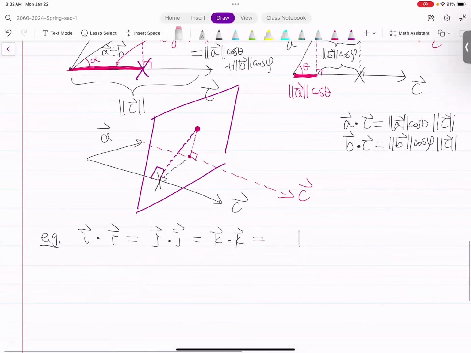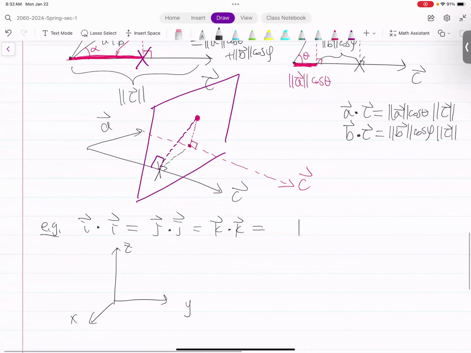So let's draw the standard basis again. We have I, J, and K. We now know for the standard basis, a vector dotting with itself is going to be 1. But what about dotting them with each other?